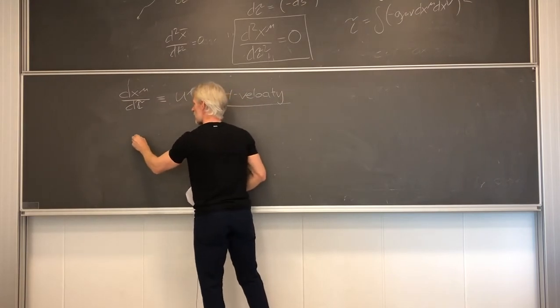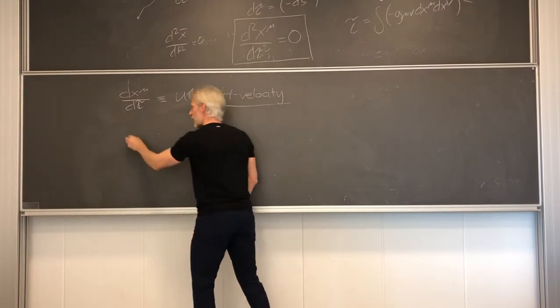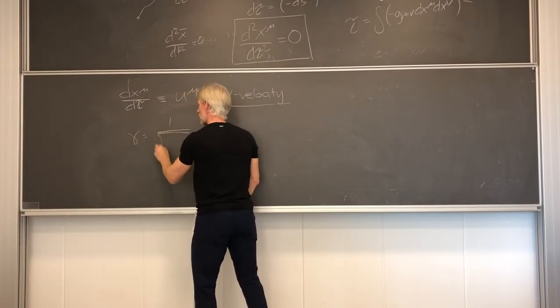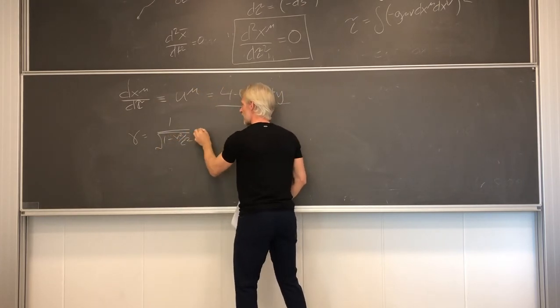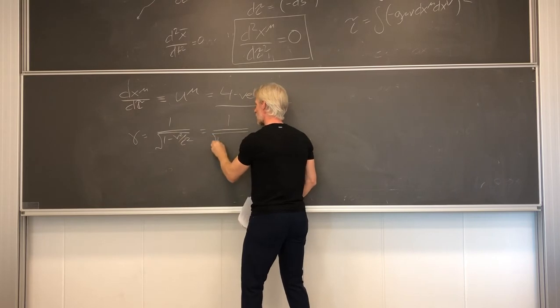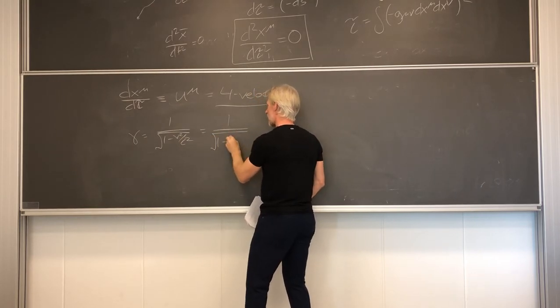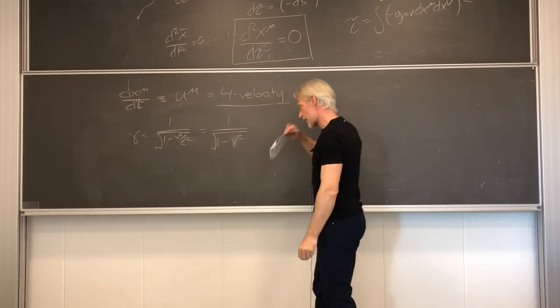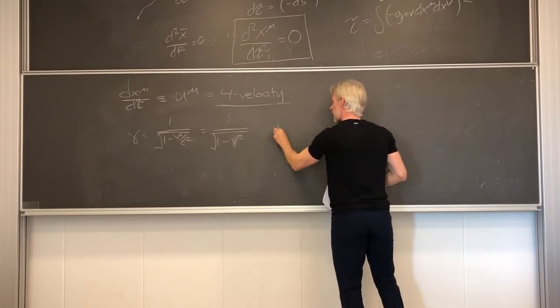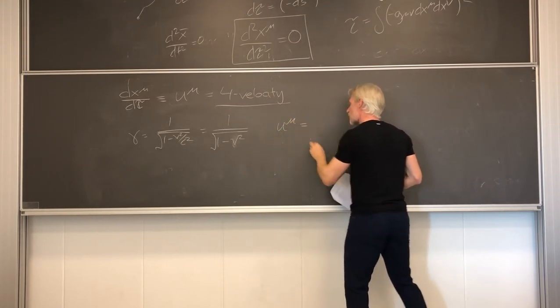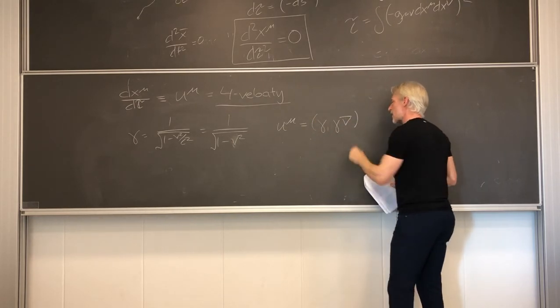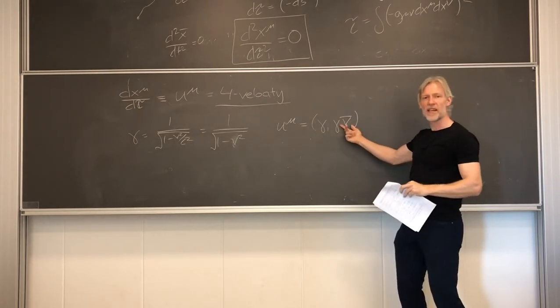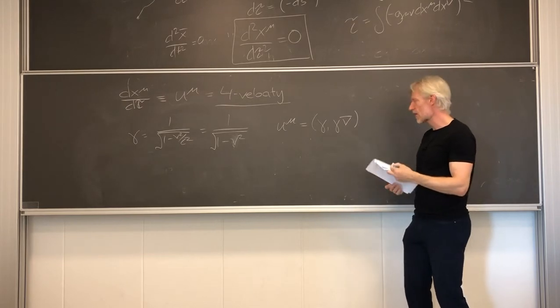So normally in special relativity I use, remember, the gamma factor, which is this one here, which in our language is given by this quantity. I can actually write out this u mu to be gamma, gamma v, where this is the normal free velocity of the particle.